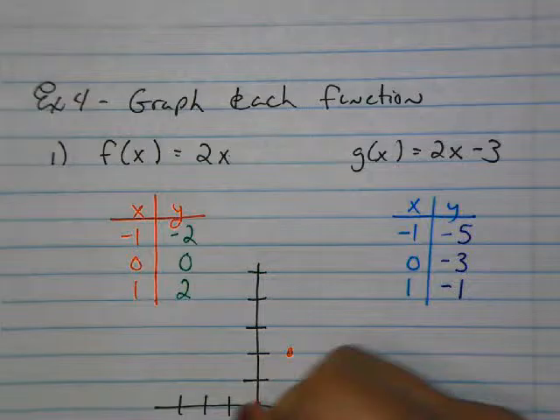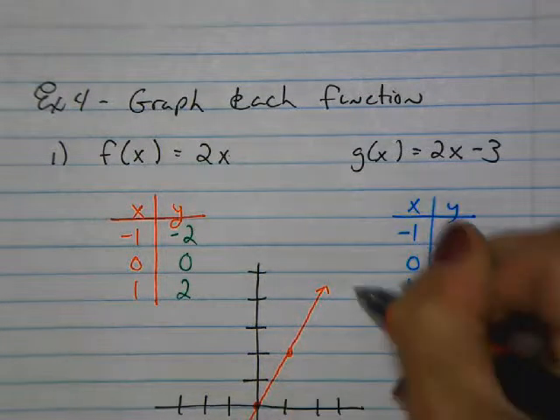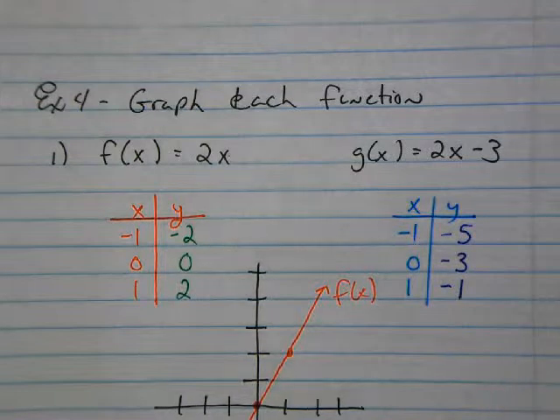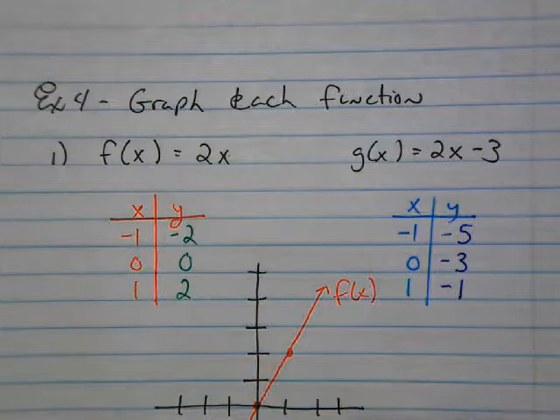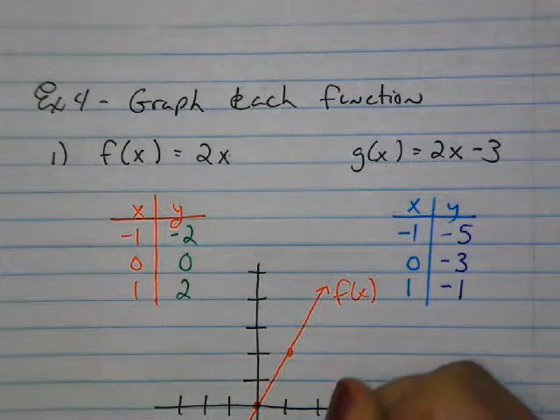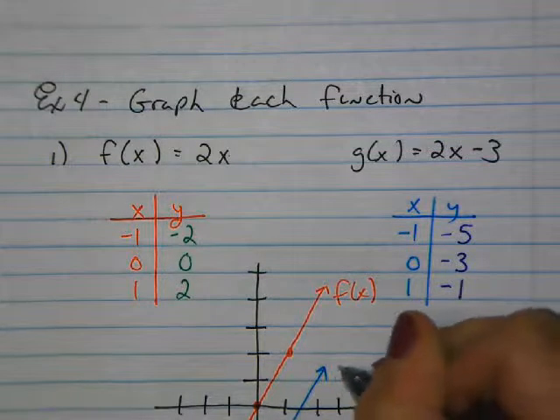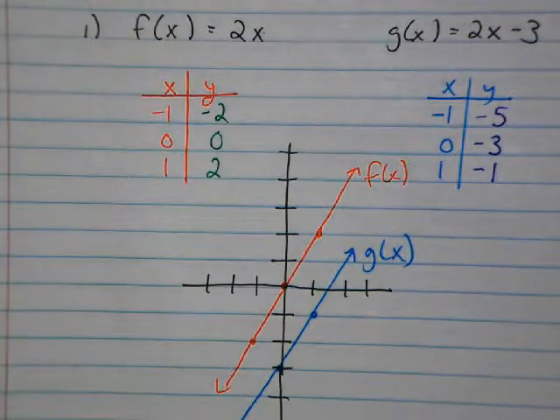And now I'm going to graph g of x. So -1, -5, 0, -3, 1, -1. Okay? So we have two graphs.